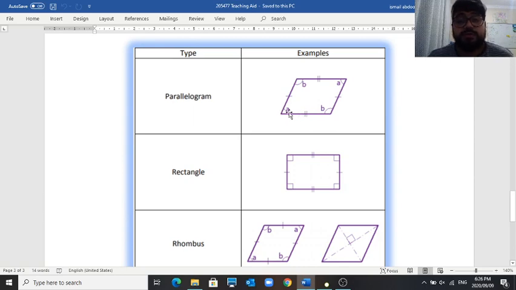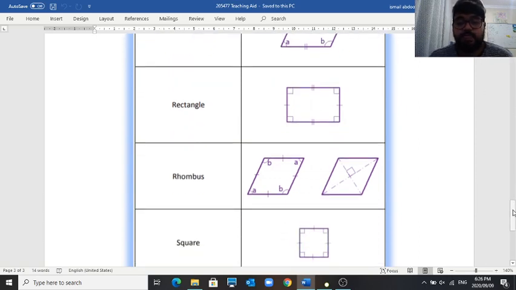We also notice that its opposite angles are equal. Here angle A is equal to the opposite angle, which is also angle A, and this angle B here is the same as this angle. So that's the parallelogram. And we all know a rectangle.